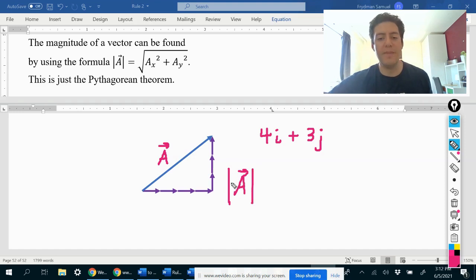If I wanted to know the magnitude of vector A, which means how long it is, the way that I would figure that out is by taking the square root of the x component squared, which is just the coefficient in front of i, plus the y component squared, the y component being just the coefficient in front of j.